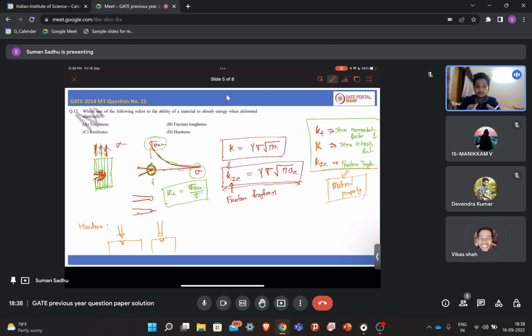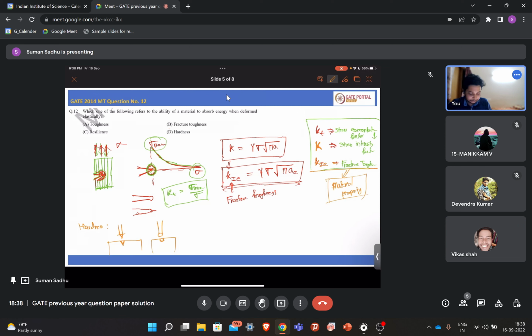In the very localized region you are deforming, you are not deforming the whole sample, or fracturing your sample. So now we can say what is the definition of hardness. Maximum deformation the material can bear? No, not maximum deformation.